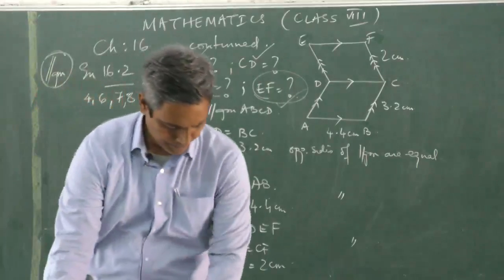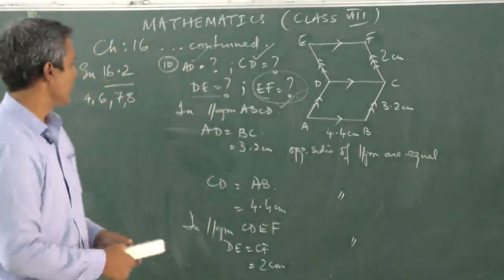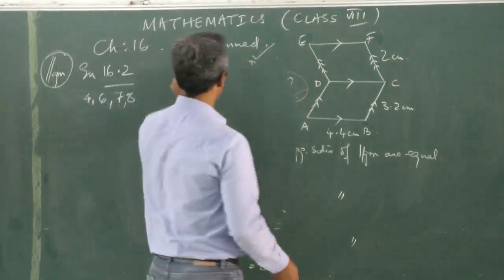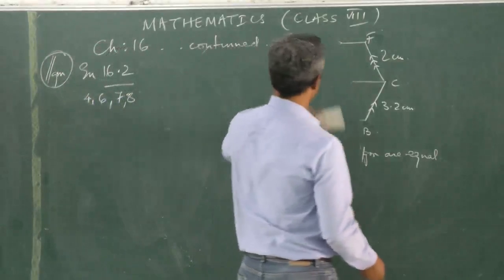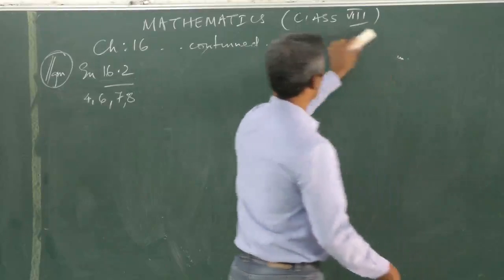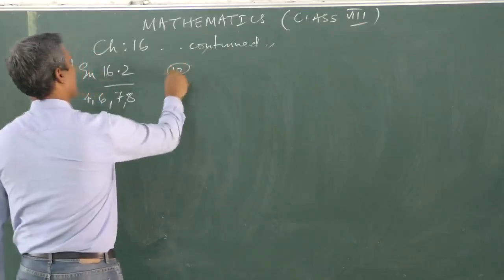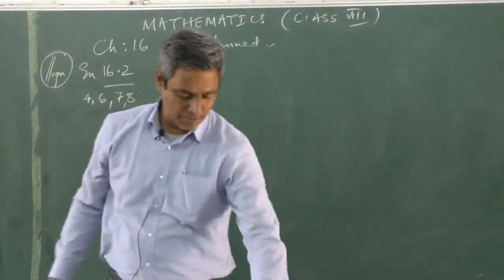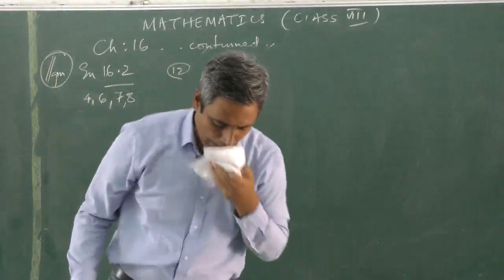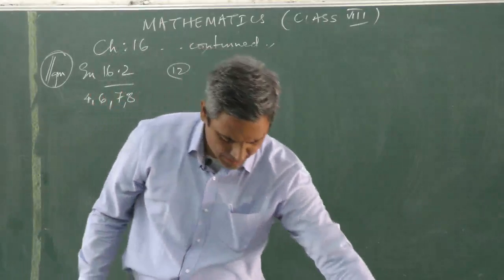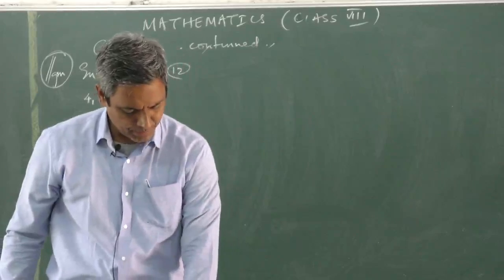Moving on. Question 12 of exercise 16.2. What do we have? ABCD is a parallelogram.